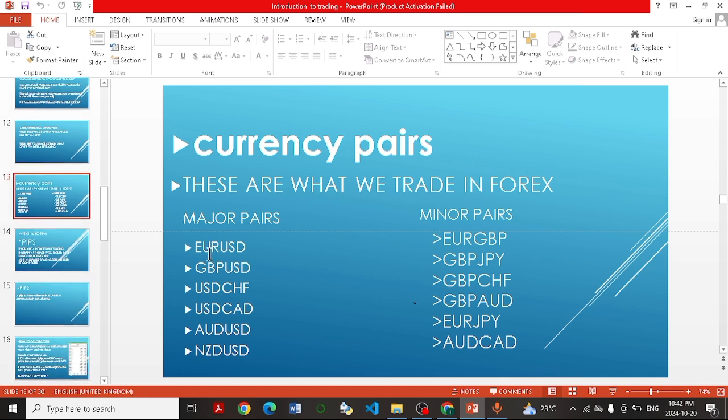Don't stress yourself to cram all this stuff. Just know them and you'll be fine, because you won't even use them that much. You just have to know them as a trader, and along the line, as you're trading, it will come to you naturally.